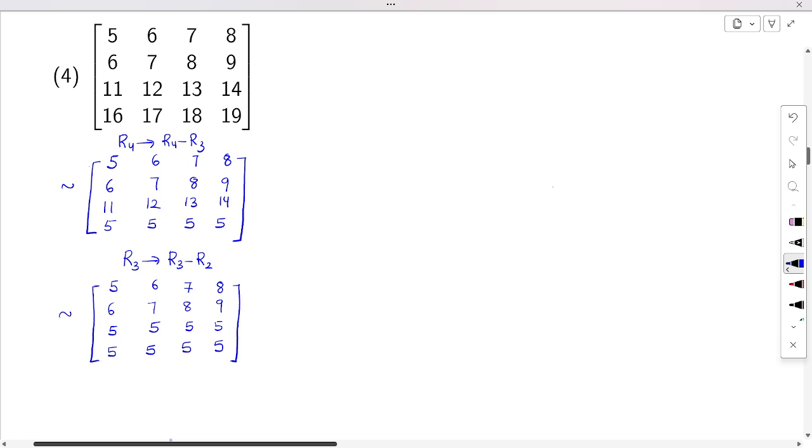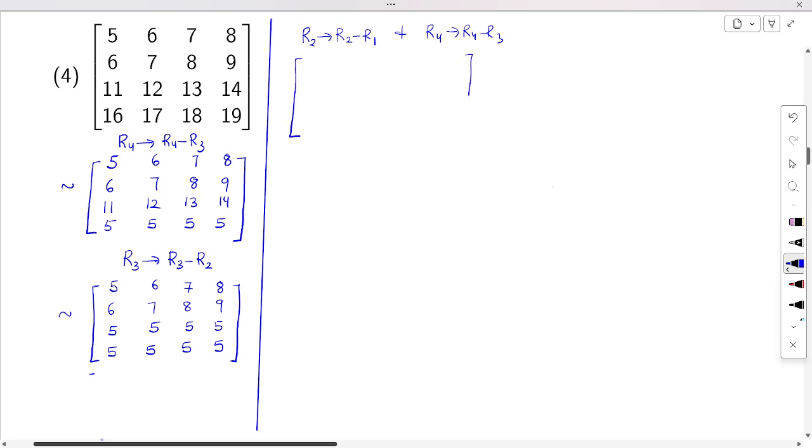Then apply row 2 minus row 1 on row 2, and on row 4 apply row 4 minus row 3. After applying these two operations, we get this matrix.